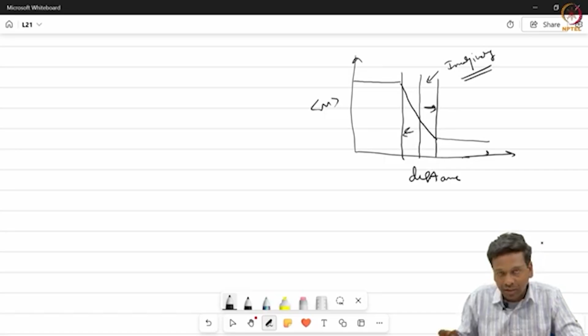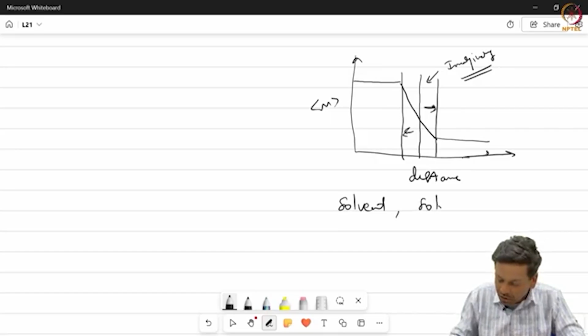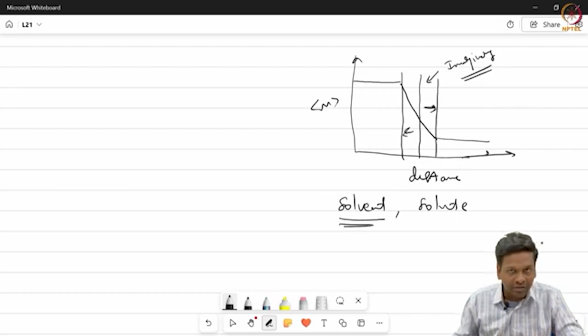So once you identify that, it is easy to say that the surface excess for one of the components is 0. For example, if you deal with a binary mixture, you have solvent and solute. There are two components in the mixture. For solvent, because solvent is usually present in very large quantities, one would end up with a symmetrical profile always, right.